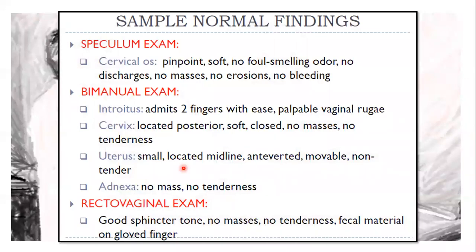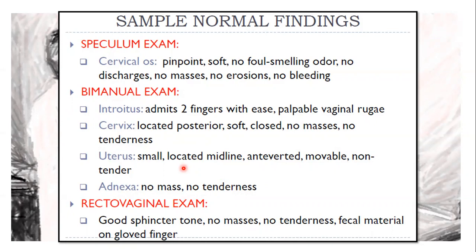Here now is the sample of normal findings upon pelvic examination. In the speculum exam, we report the cervical os as pinpoint, soft, no foul smelling odor, no discharges, no masses, no erosions, and no bleeding. As for the bimanual exam, the introitus admits two fingers with ease, with palpable vaginal rugae, and the cervix is directed posteriorly, tough, closed, no masses, and no tenderness.